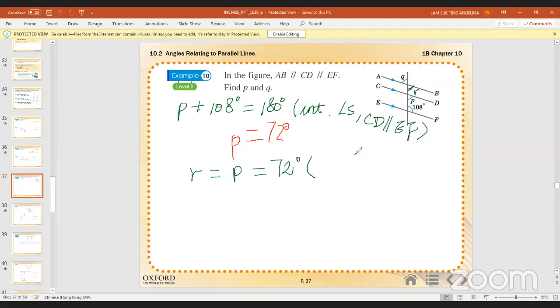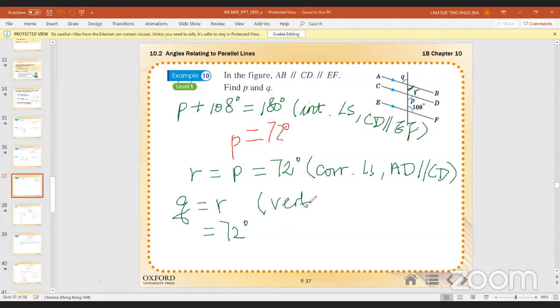And then you have to explain why R equals P, because they are corresponding angles, and this time another pair of lines, AB parallel to CD. After you have found R, you can find Q. Finally, we have Q equals R, which is 72 degrees, because vertically opposite angles.